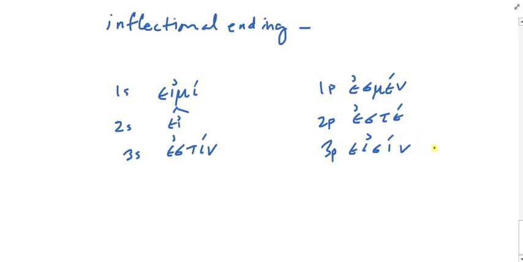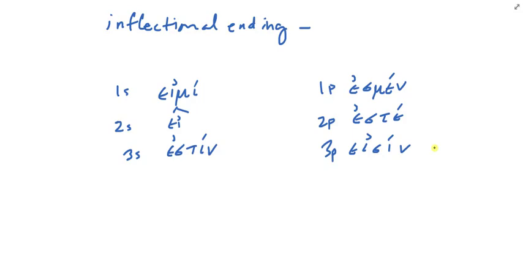All righty. Now, in 8.13, he mentions the movable nu. What is a movable nu? It is a nu that can move. All right? That is to say, you might see it, you might not in certain circumstances. It's there to break up two contiguous vowel sounds.